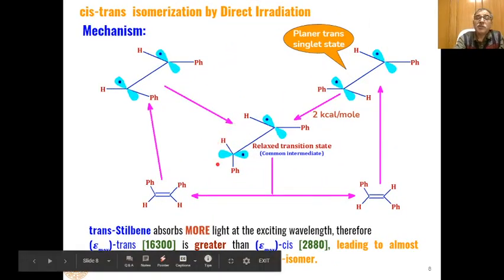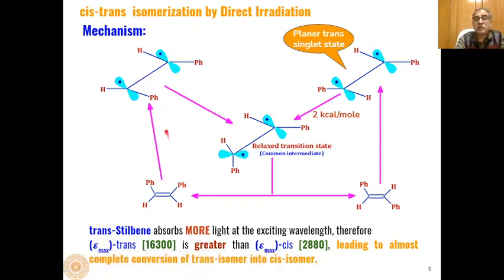Then in the case of stilbenes, the mechanism can be like this. Suppose we start with cis-stilbene, and when this is irradiated with UV light, this is the singlet planar excited state, and then this will relax through 90 degrees to this transition state, that is the relaxed transition state, which can lead to the formation of the trans product.